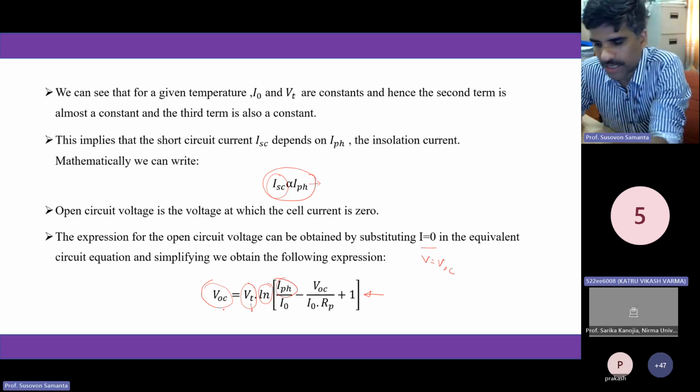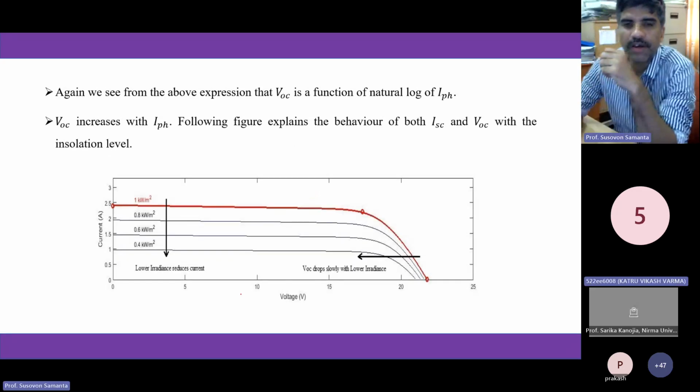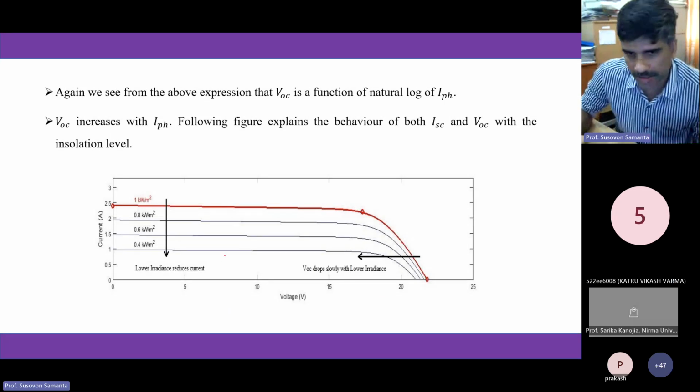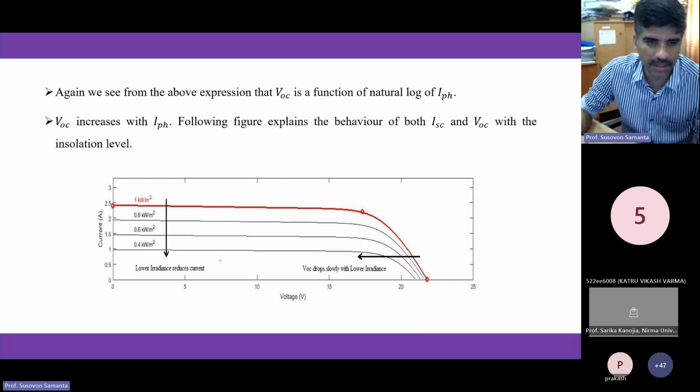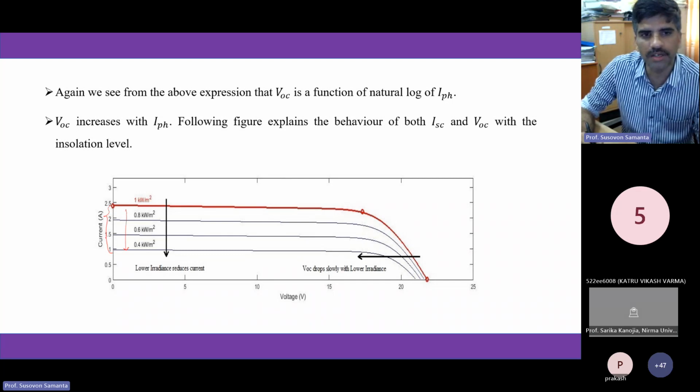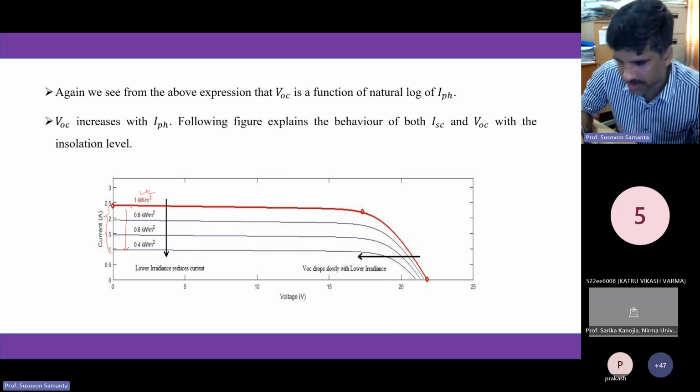So if I now draw the IV characteristics by varying the irradiation, you can see this kind of waveform, where the short circuit current varies almost equally with your irradiation, because irradiation is given in terms of watt per meter square.